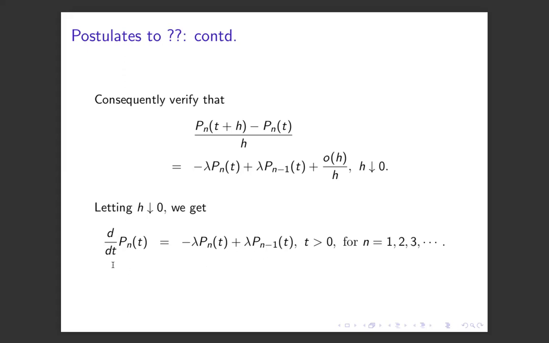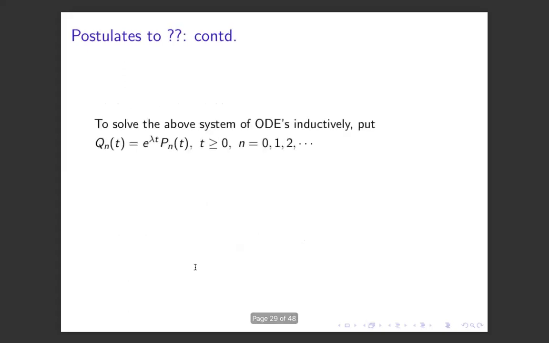So then this becomes the equation for P sub 1, and so on. So to solve the above system of ODEs effectively, introduce this Q sub n equal to e to the power lambda t times P_n(t).